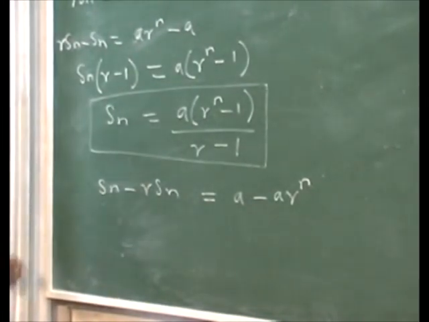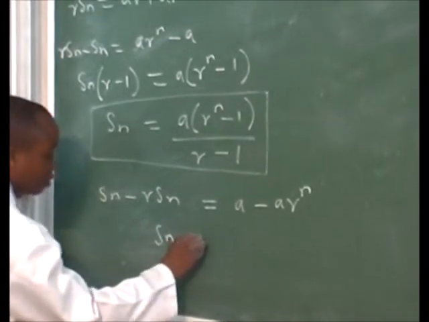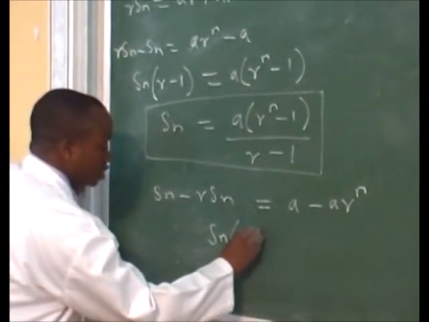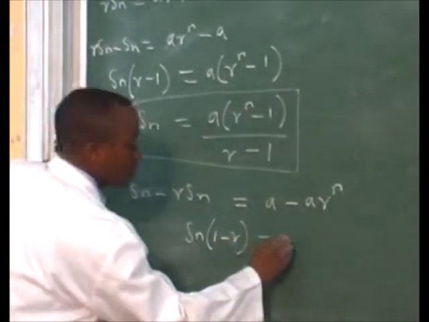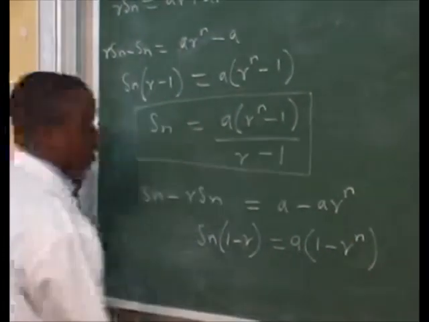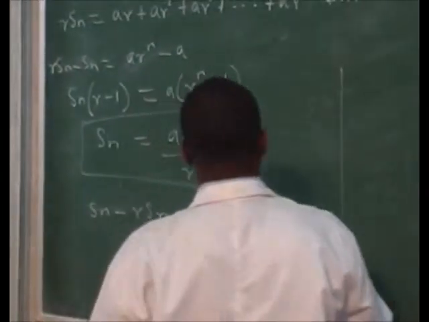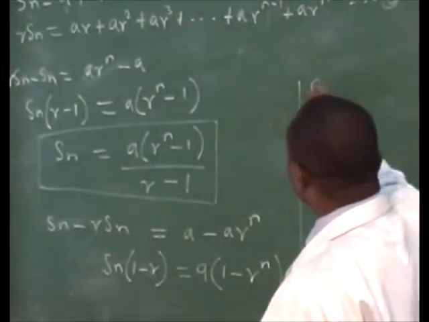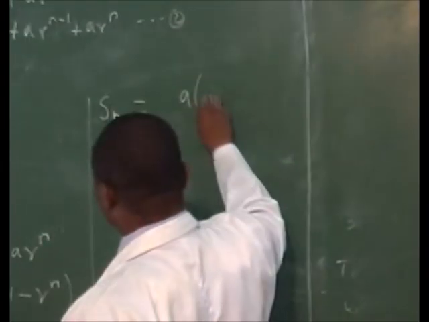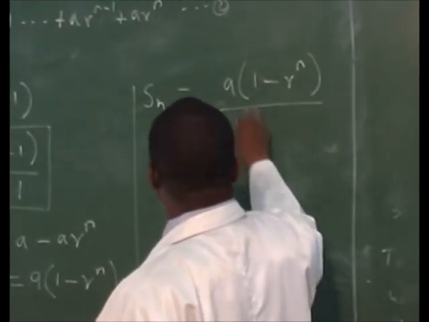And what this means is that if we factor out Sn, you see that Sn(1 minus R) will be equal to A(1 minus R^n). That is what we will have here. Now, making Sn the subject of the formula, Sn will be equal to A(1 minus R raised to n) all over 1 minus R.